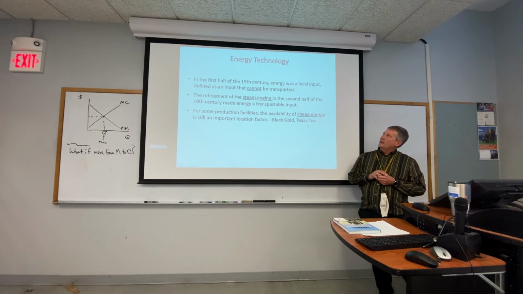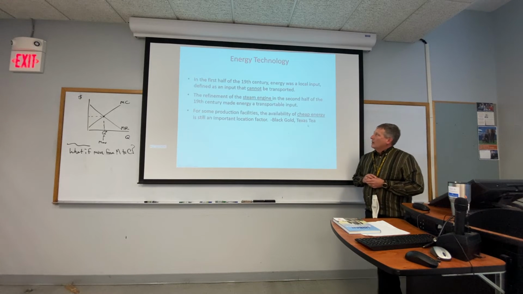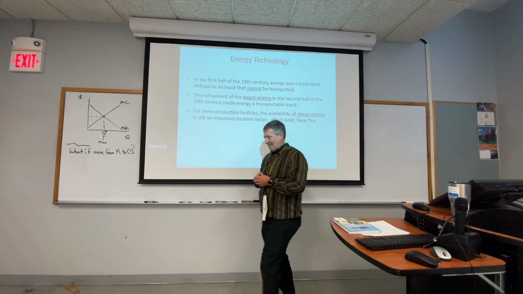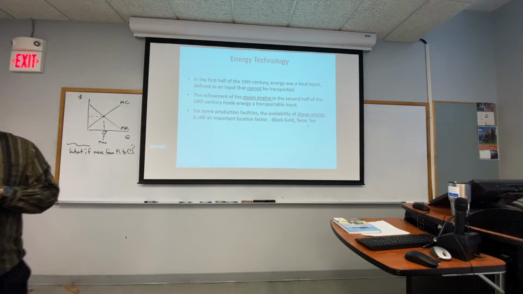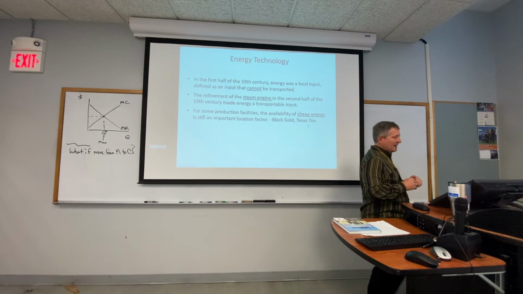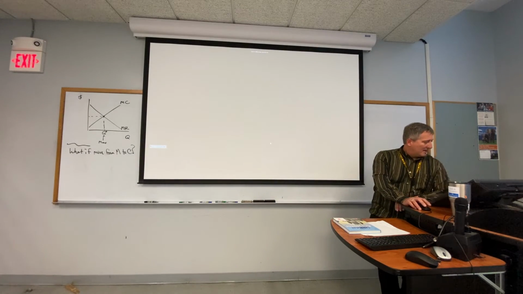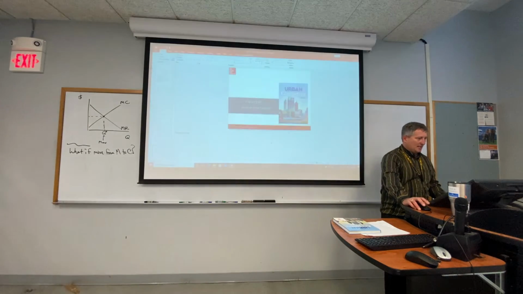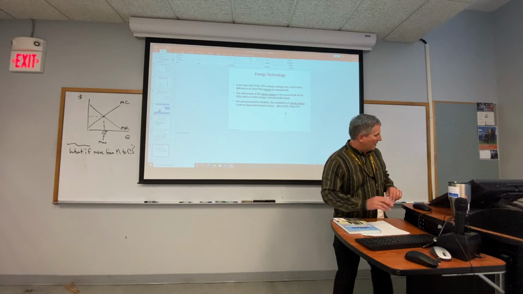So that'll bring in some of those historical aspects. Black gold, Texas tea. So the industry's changed around a lot too with fracking and different ways to pull energy out of the ground. Okay. So that is that chapter. So that was a little bit shorter.